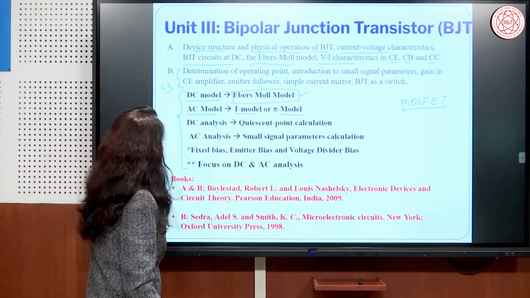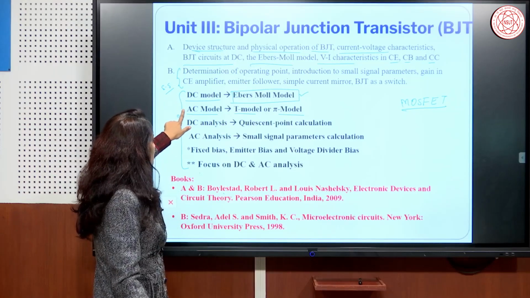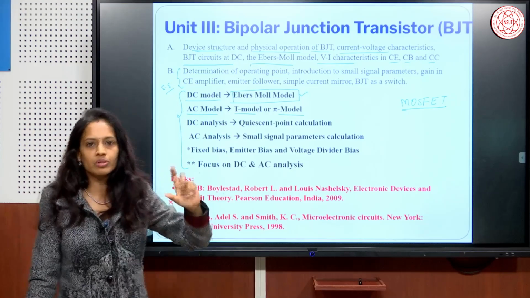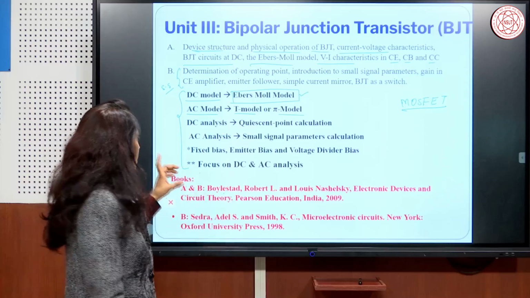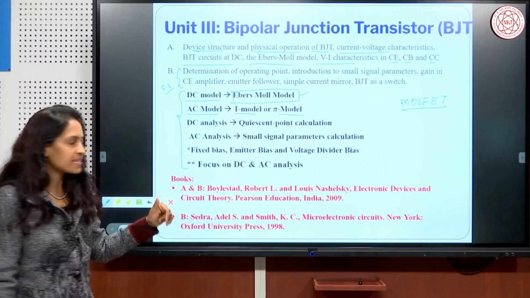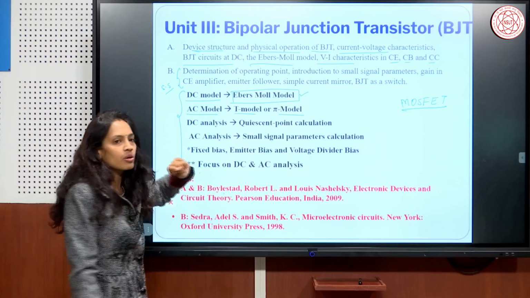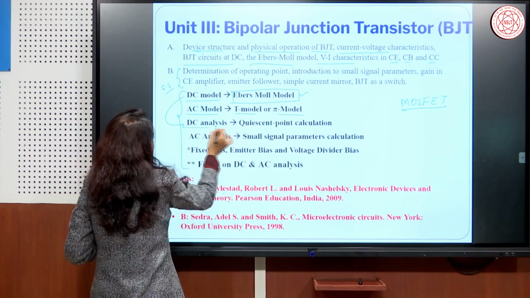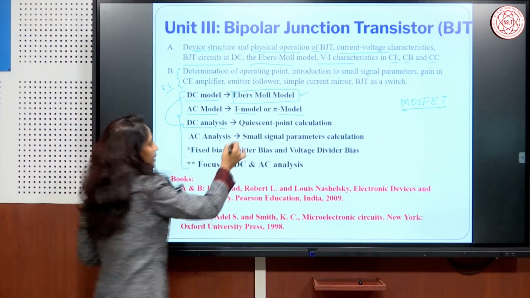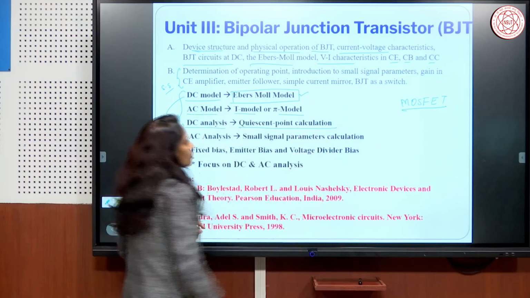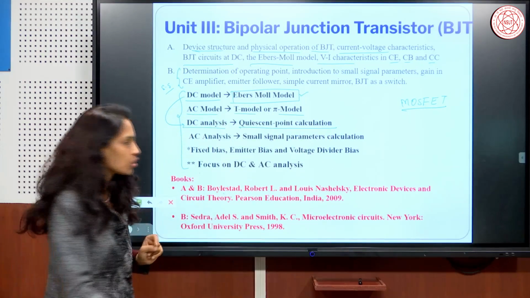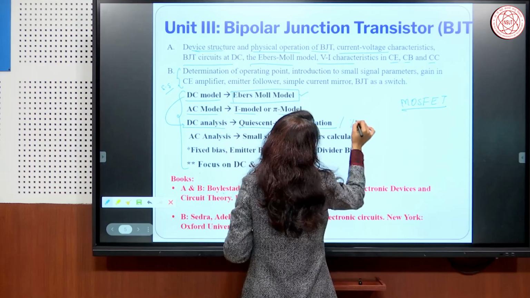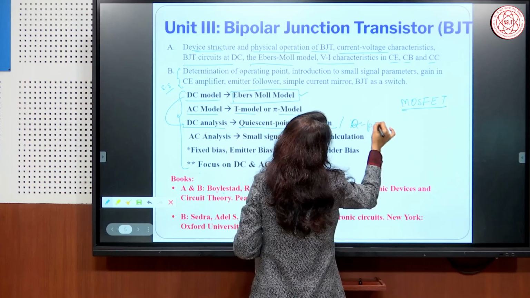So you should have a clear idea of when to use the DC model and when to use the AC model. This is very, very important because whenever you are going for biasing, at that time your DC model will be used. This DC analysis you will be doing by using the DC model, and it is used basically for calculation of your quiescent point, or Q point, or operating point, whatever you call it.